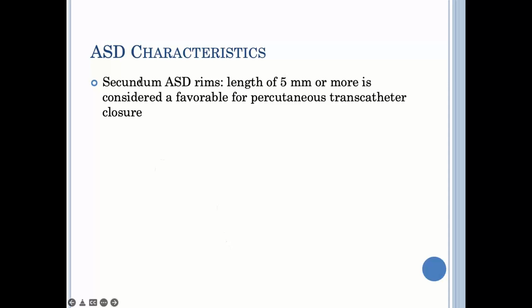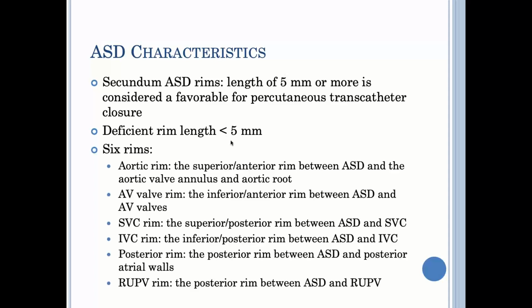And for secundum ASDs specifically, because they're generally amenable to device closure, a length of 5 millimeters or more is considered favorable for each specific rim. The terminology is deficient rim if the length is less than 5 millimeters, and in that case some of the devices are contraindicated.